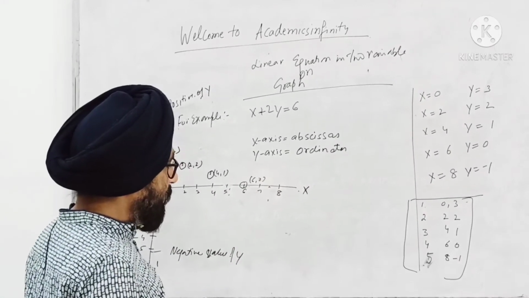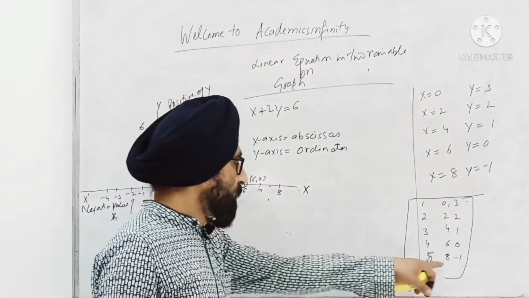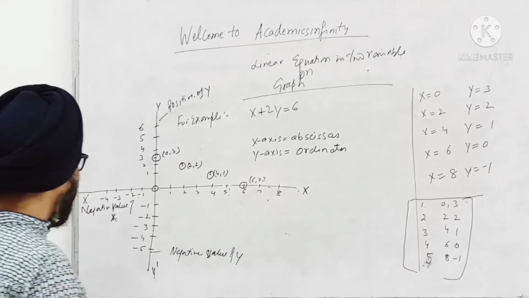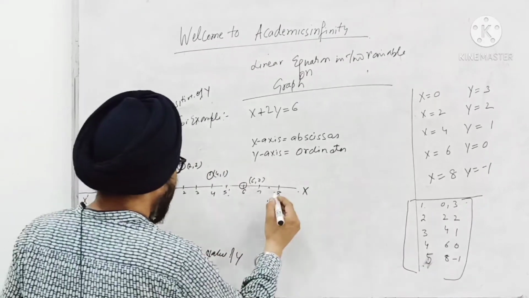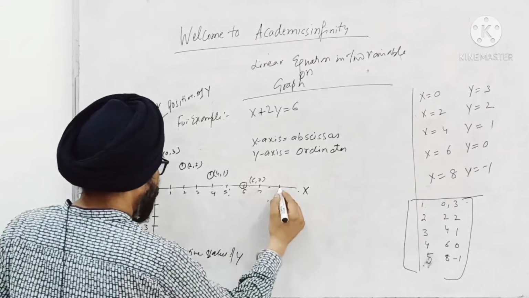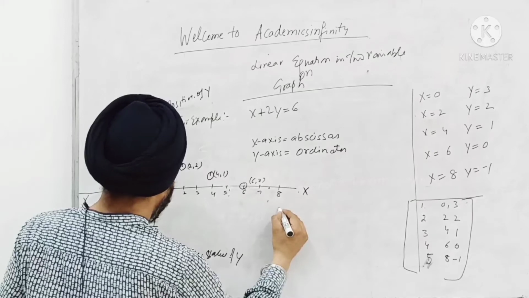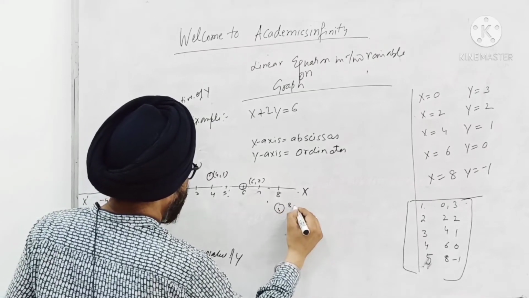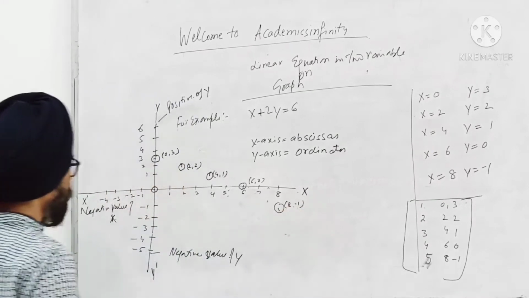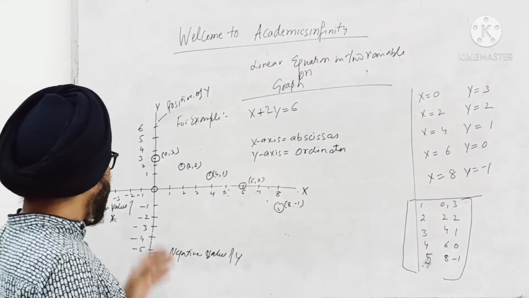And the last, fifth point is x is 8 and y is negative 1. We have plotted all the points on the graph.